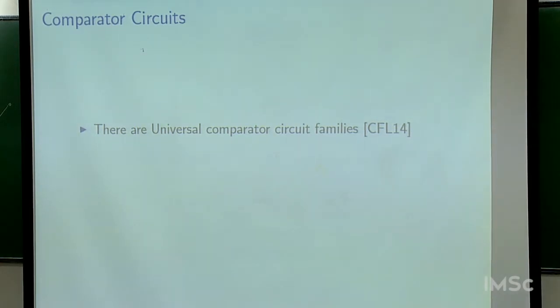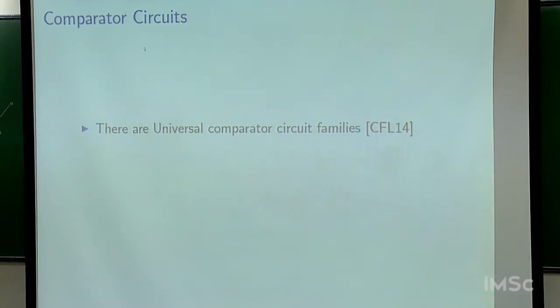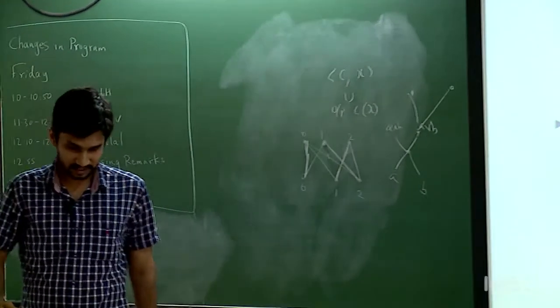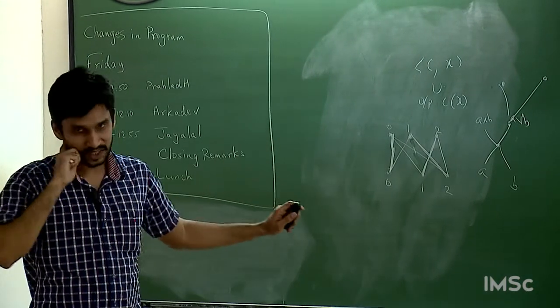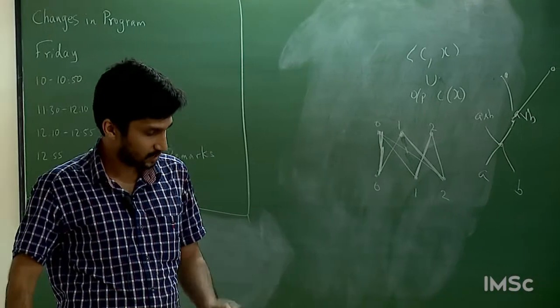So given C and X as input, the universal circuit U will output C of X. So they show that there are universal comparator circuit families. U is also a comparator circuit here.